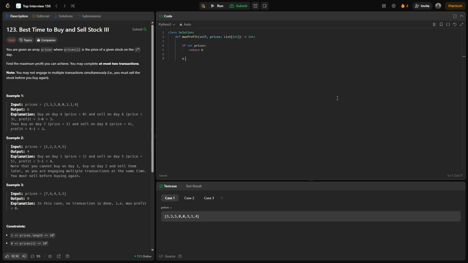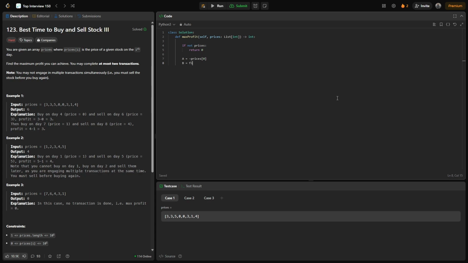Now we have to define our state. So A would be minus prices of 0, because initially, to come from the 0th state to state A, we have to buy one stock. So that's the idea. Now the current value would be infinity because you have not reached those states.